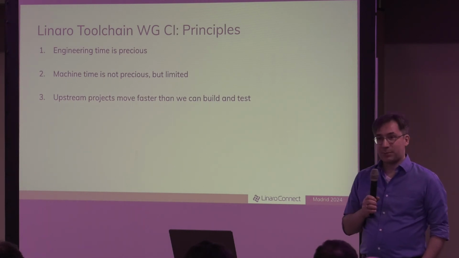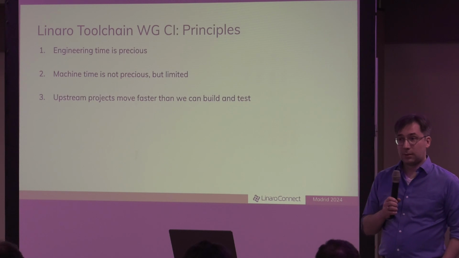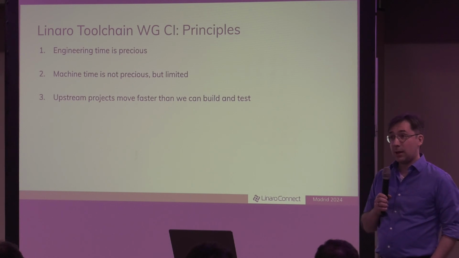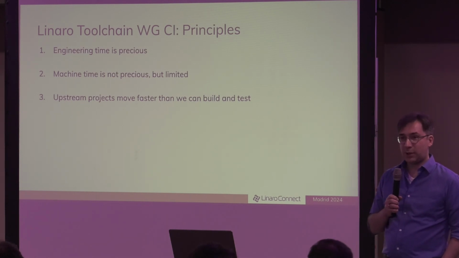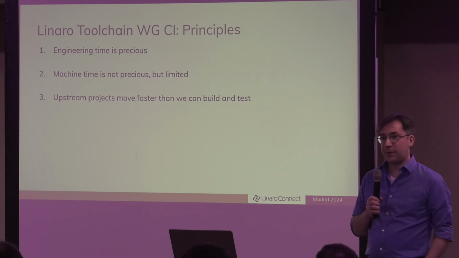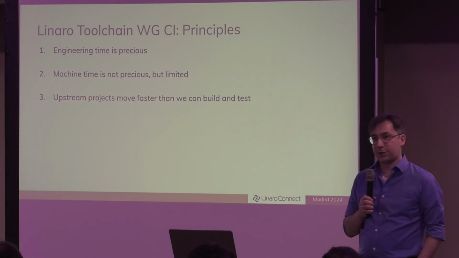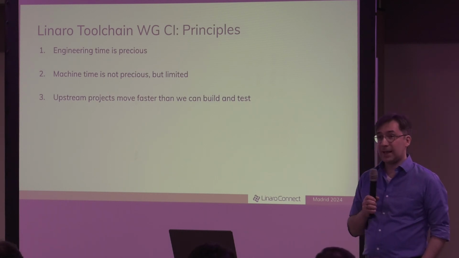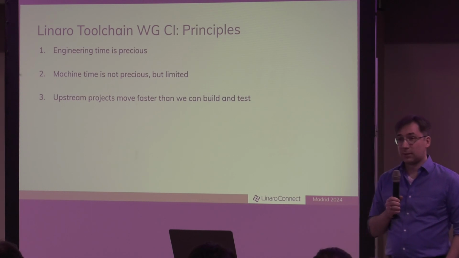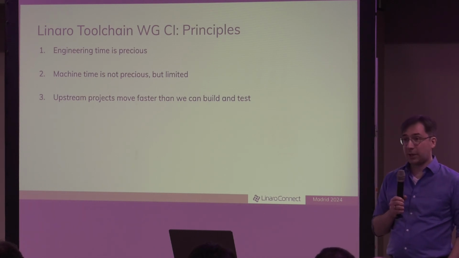It can be precious because these people are paid quite high salaries, or it can be precious because we cannot force volunteers to do work that they don't want to do. So the output of the CI needs to be very high quality regression reports, which the developer can take and easily understand whether he or she can or cannot solve the problem.